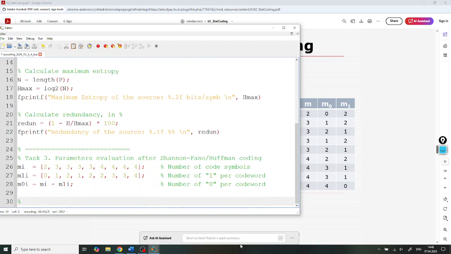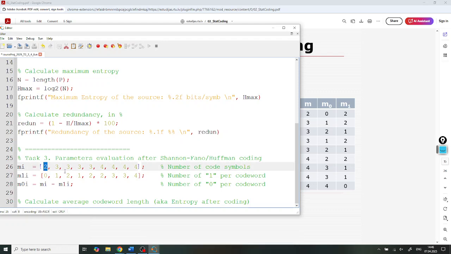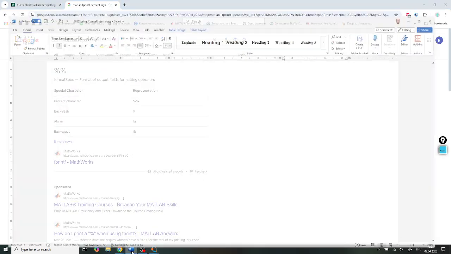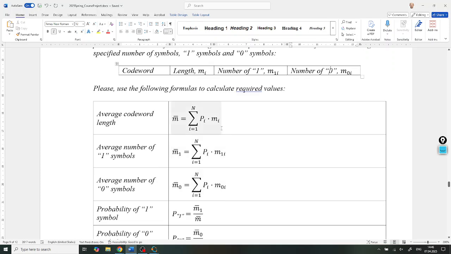So let's calculate the average code word length, aka entropy after coding, because that's basically it. Yes, that's how many bits are per symbol, which is log2 of probability. So in our formula, therefore, we basically have to put it, sorry, here, instead of log2 of probability.